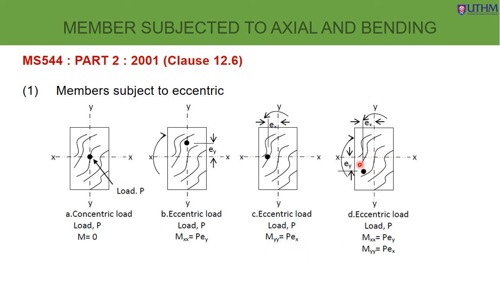If the load is concentrated away from the center line as well as away from the center point, then we have to calculate Mxx equal to P times Ey and Myy equal to P times Ex.